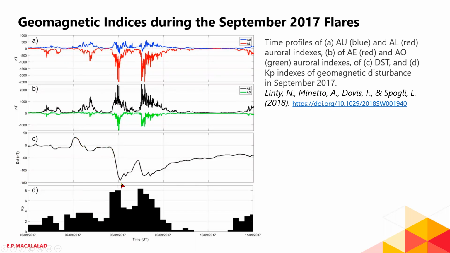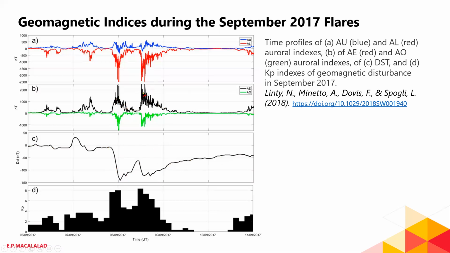So it took several hours before the ring current and the equatorial magnetic field were affected greatly. But after this peak of DST, the DST slowly recovered, and before it recovered to normal levels, it seems that there is another storm that happened. You will notice that these 2 dips in the DST index correlate very well with your AE indices.